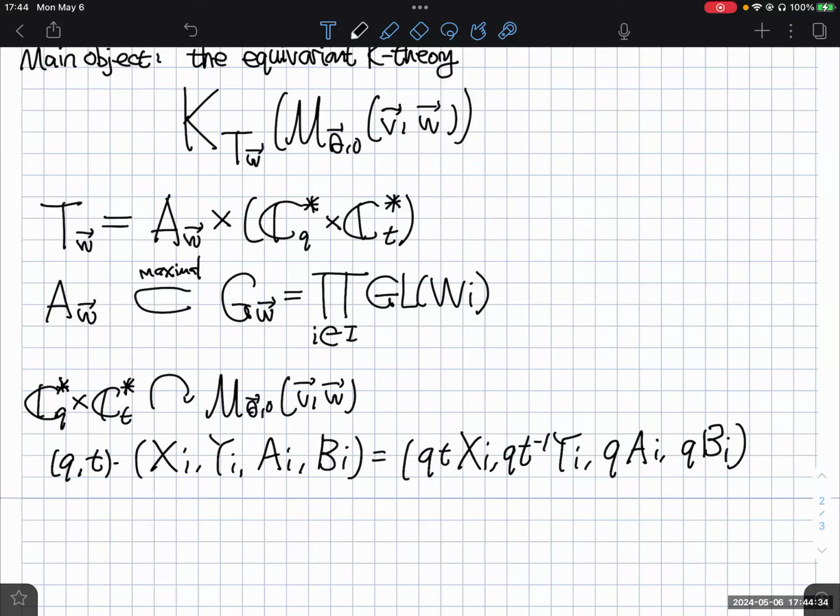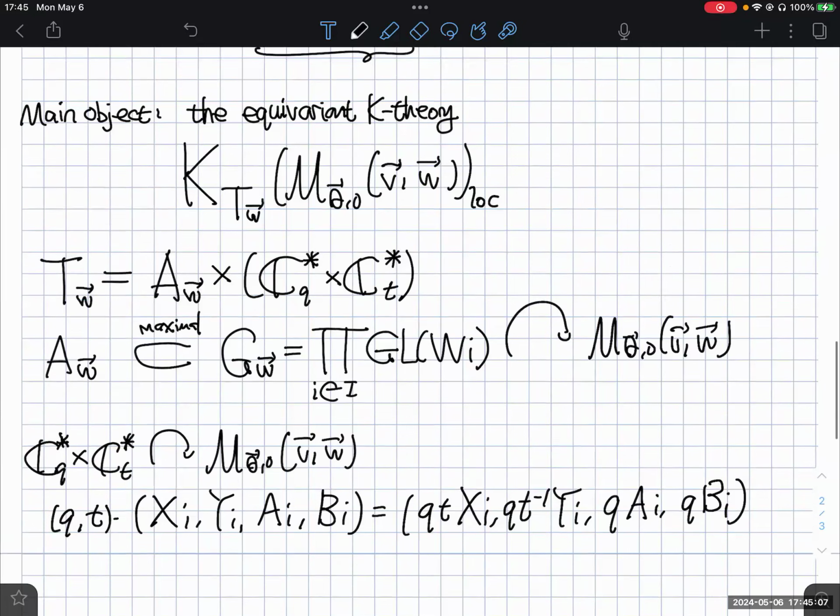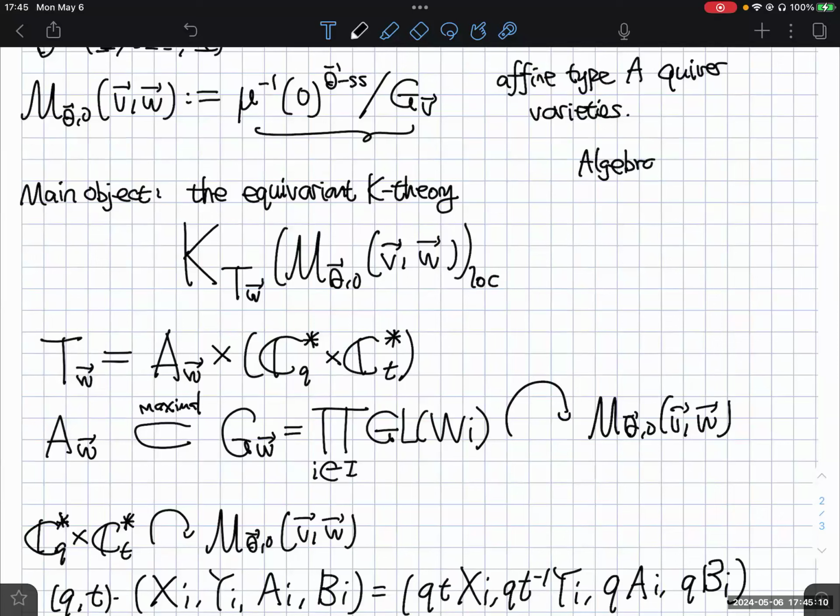And this A_W just acts on the quiver variety in the way as it acts on the vector space of the framing nodes, the framing vertex. So the main object today is the equivariant K-theory with respect to this group action acting on the quiver varieties. And actually, what we're going to study is an easier version, the localized version of the equivariant K-theory. And the algebraic object we're going to study today is the quantum toroidal algebra.